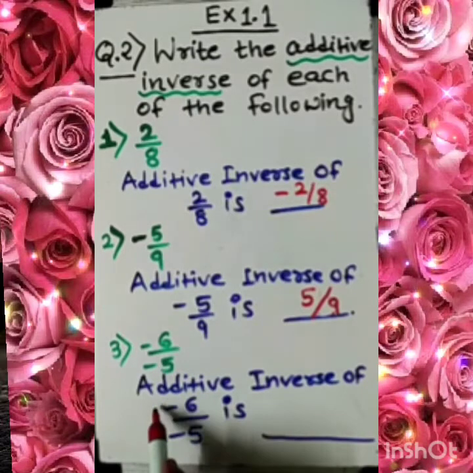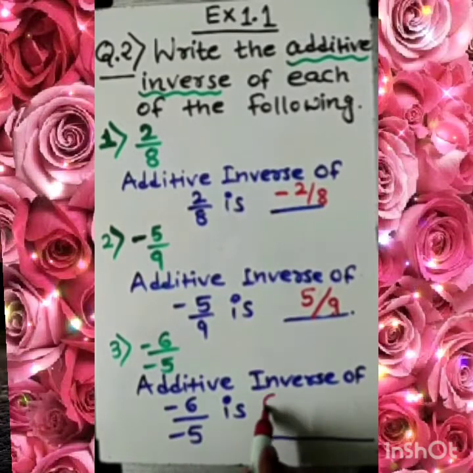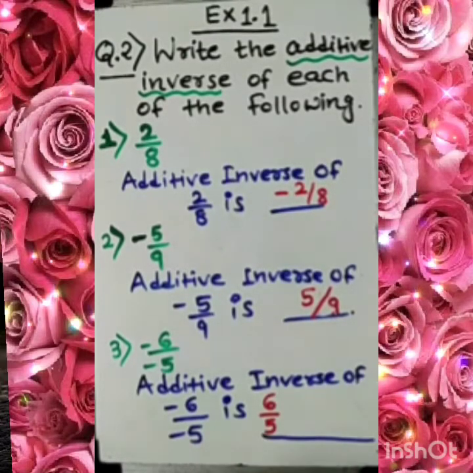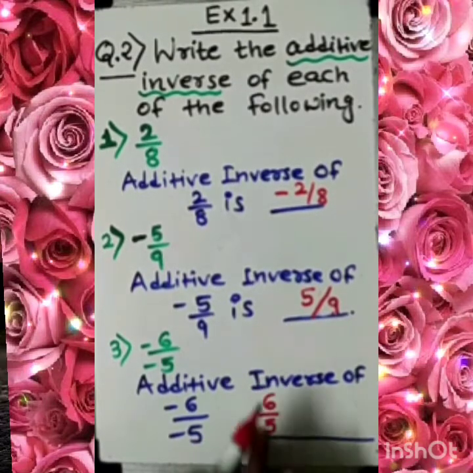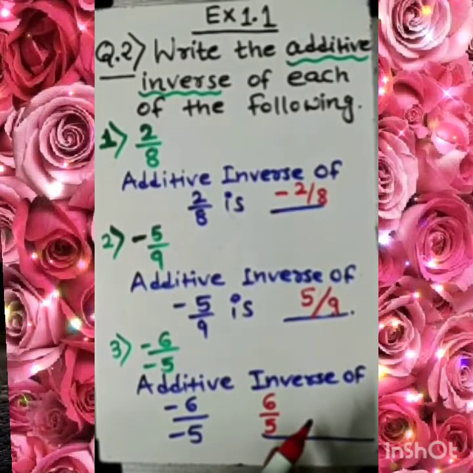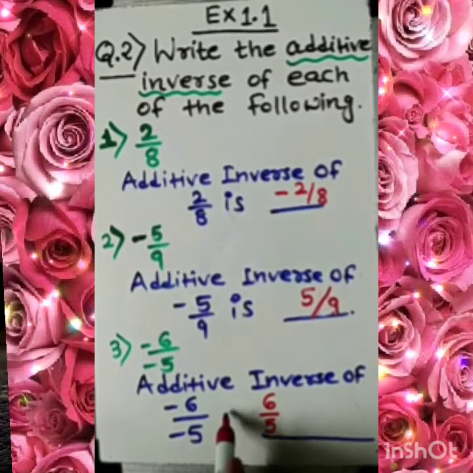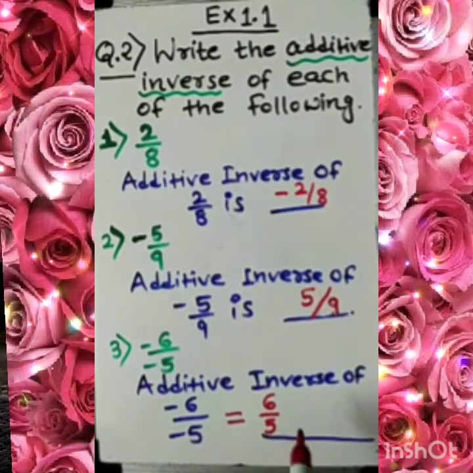When we divide a negative number by another negative number, the number becomes 6 by 5. So the additive inverse of 6 by 5, now what will it be?